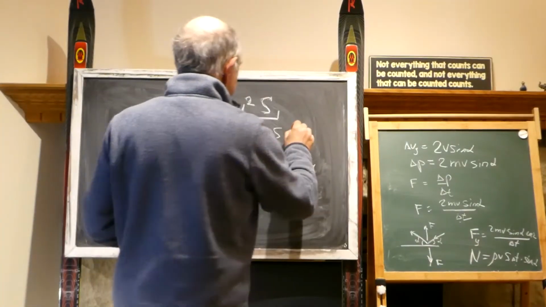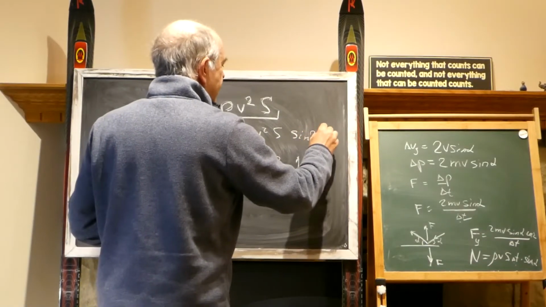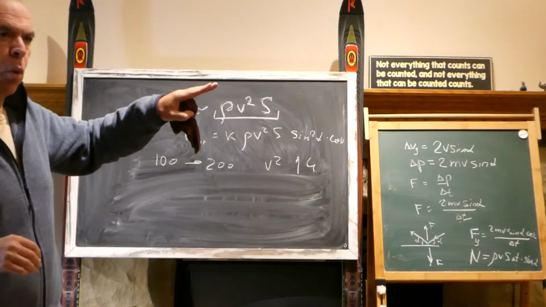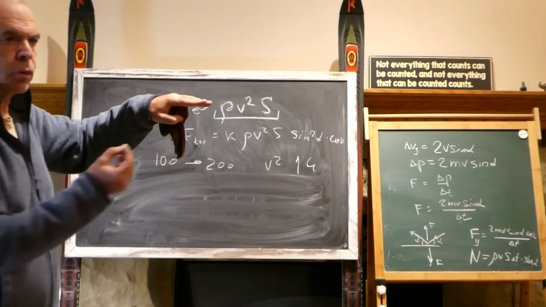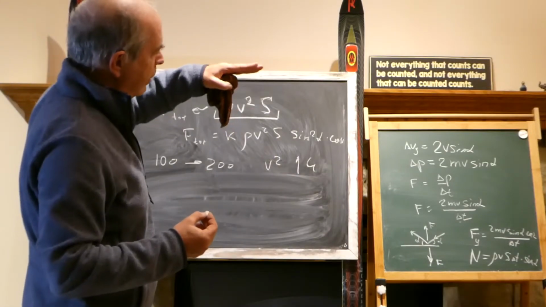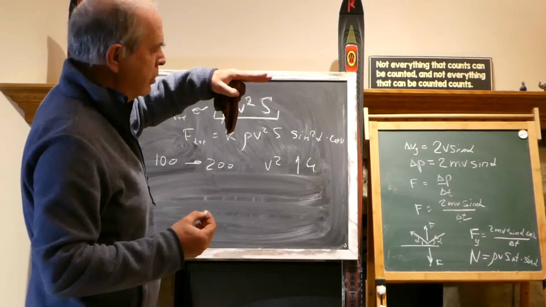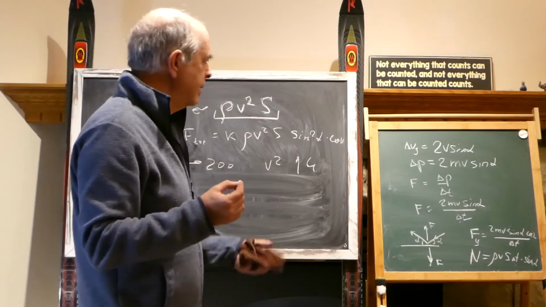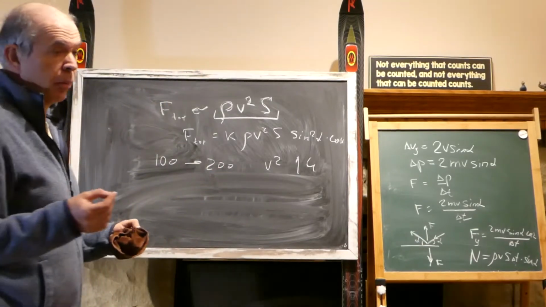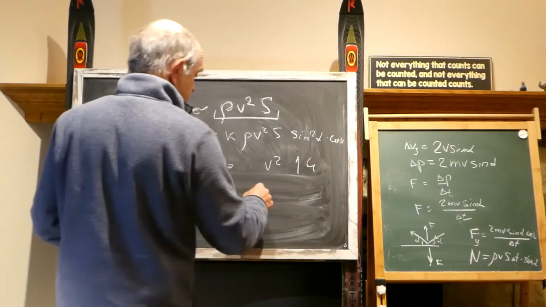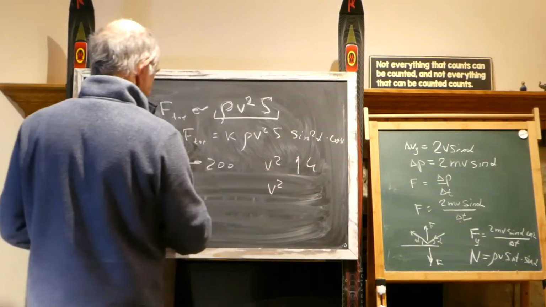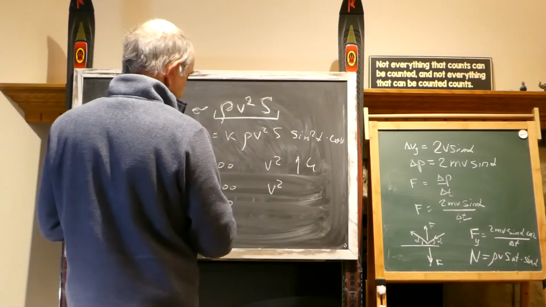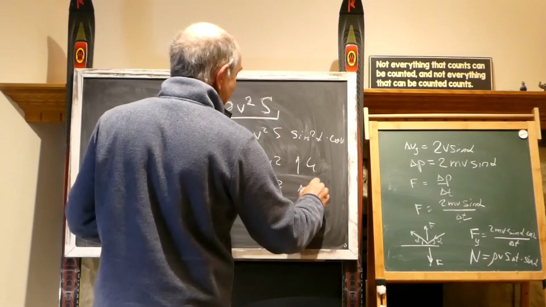Fortunately, there are those things here like sine squared alpha and cosine alpha, and that means we can tilt our wing, and this will compensate for this force. So we position our wing, make the surface of the wing a little bit more horizontal, and the force will go down. But still, if we accelerate from 100 kilometers to 1,000 kilometers, which is not a big deal, then 100 to 1,000 would be 10 times more, but v squared would be 100 times more.